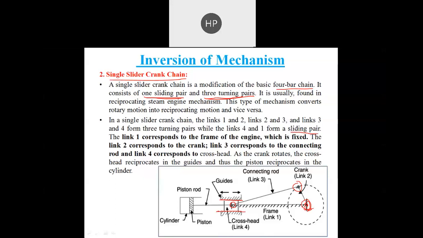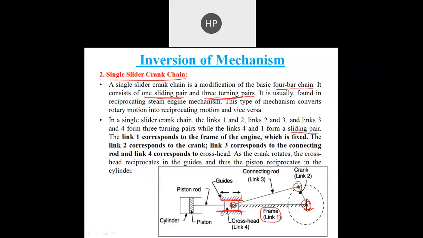This is the piston that will slide in this cylinder, so this one is the sliding pair. Link 1 corresponds to the frame of the engine, which is fixed. As you can see, this link 1 corresponds to the frame and it is fixed.